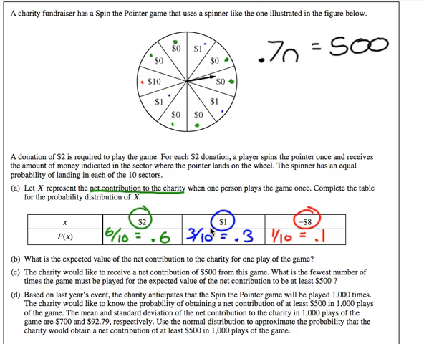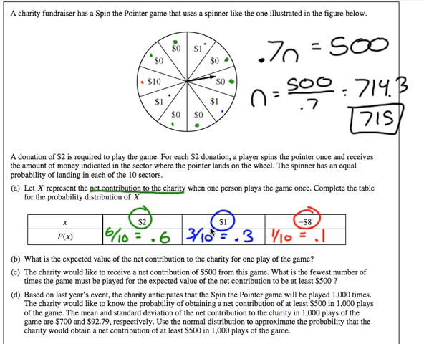They expect to get 70 cents per time playing, and overall they want to get 500. So in the end, if you take 500 divided by that 0.7, they're going to have to play 714.3, rounding that up, 715 times playing.